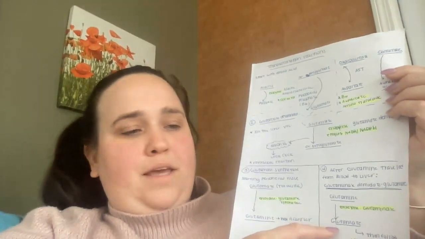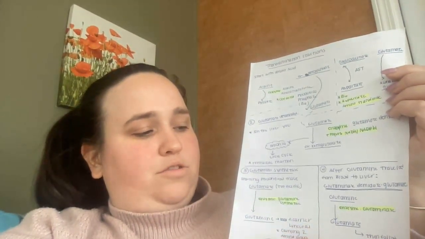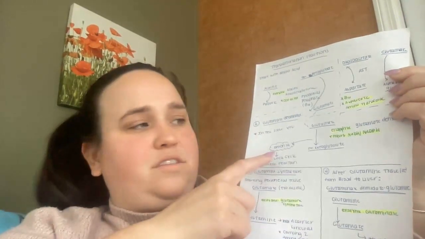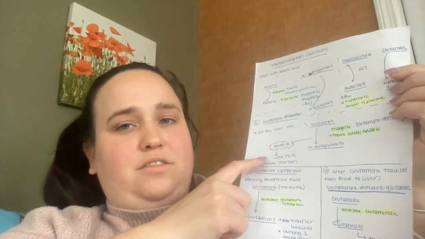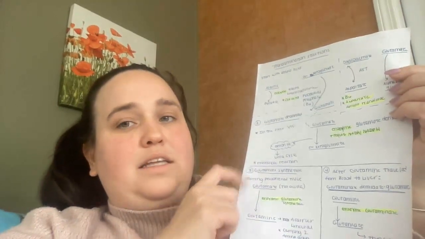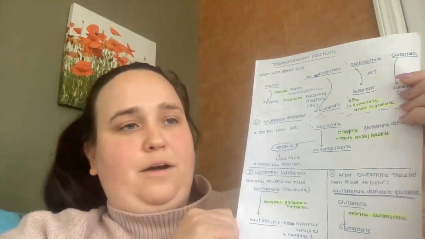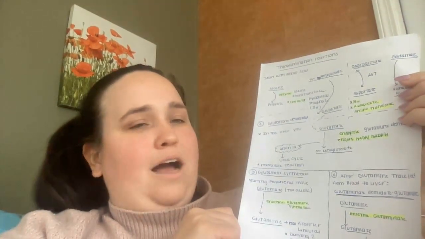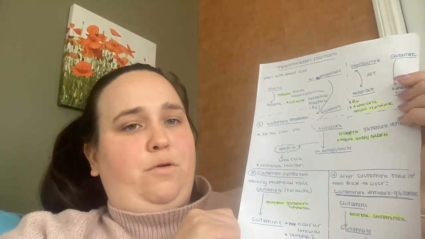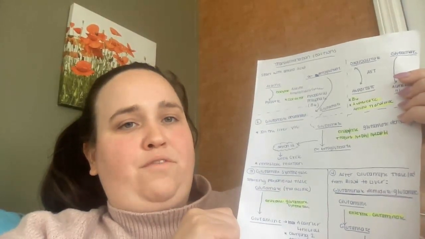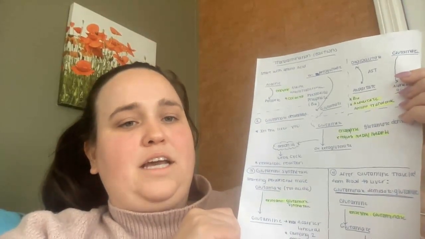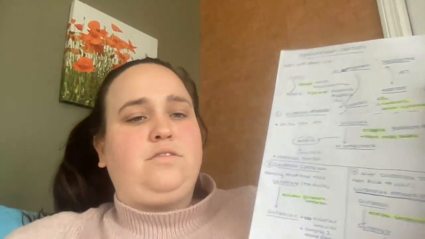From there, the glutamate that's formed goes through deamination again, as we previously discussed, and produces ammonia to release to the urea cycle. These are the components that make up the ammonia and how we are able to transfer ammonia and get it all the way to the liver to be filtered out through the urea cycle.